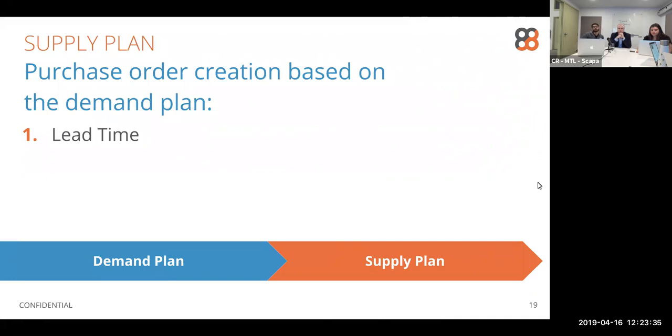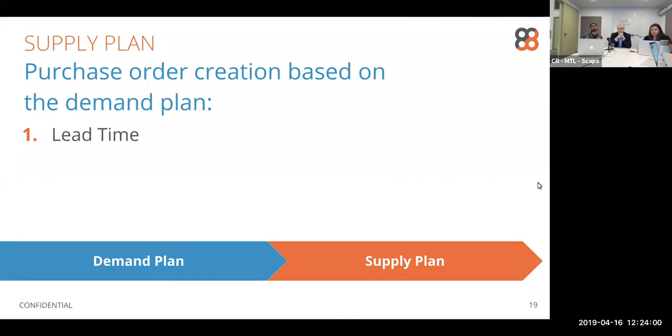Lead time can consist of many things like manufacturing time, shipping time, depending on the process of your business. But in the end, just the time from placing the order till getting it in inventory. And what's interesting about this, all the systems allow you to calculate it automatically. So it takes into account previous purchase orders, previous work orders, and the time you receive them in your system.